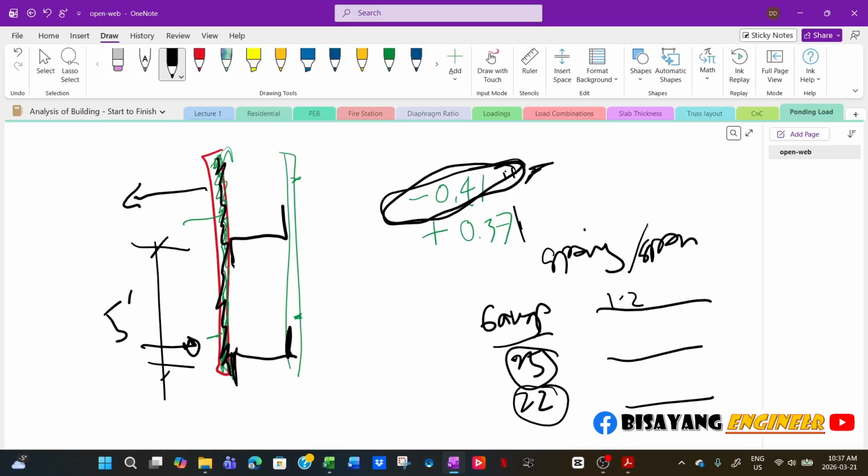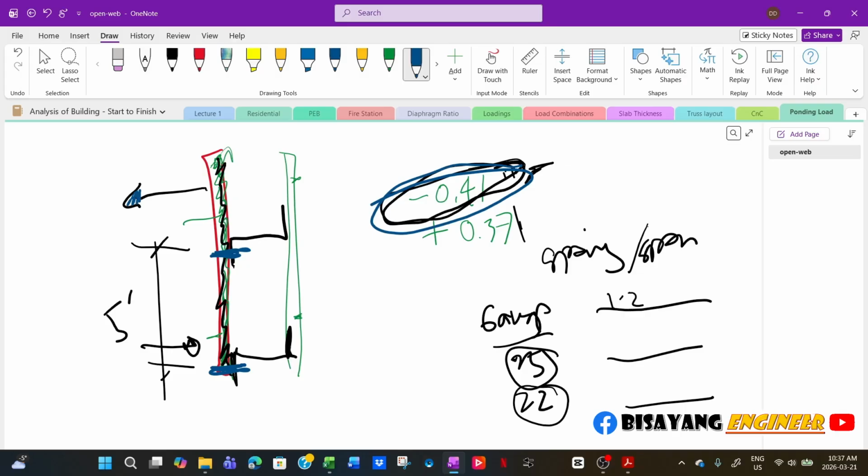Now, when it comes to sizing the fastener, that's another story. Because if you design the fastener here, like a screw attaching the cladding to the girt, then you will always use the negative value. Why? Because if this is a negative value, that means that is pulling your cladding.